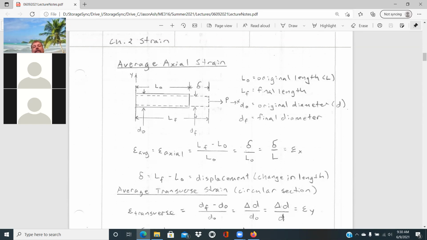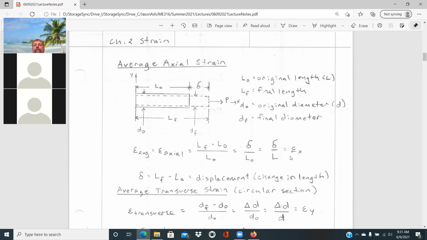And so your average axial strain is simply your final length minus your original length divided by your original length. LF minus L0 is the displacement over the original length. And oftentimes the original length is also referred to just as L. So delta over L would give you your strain in your axial direction.